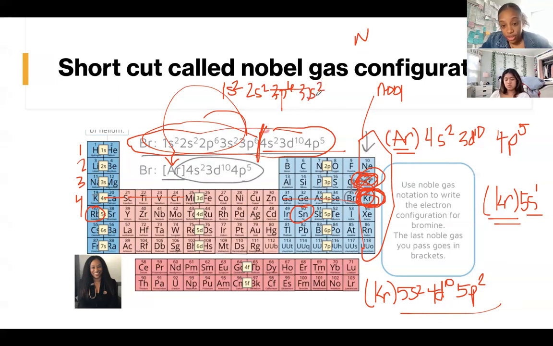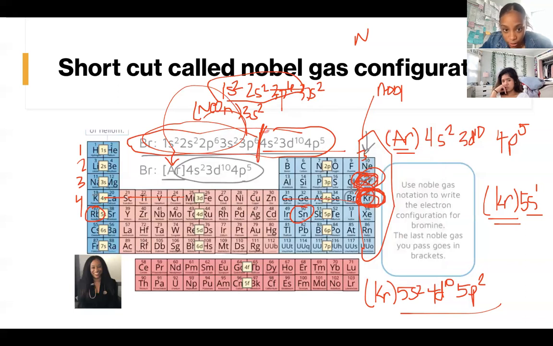In order for me to give you the shortcut, I'm like, well, what was the last noble gas here? It was neon. So I have to say neon in parentheses, and then just put 3s1 here, because neon still represents this 2p6 thing.